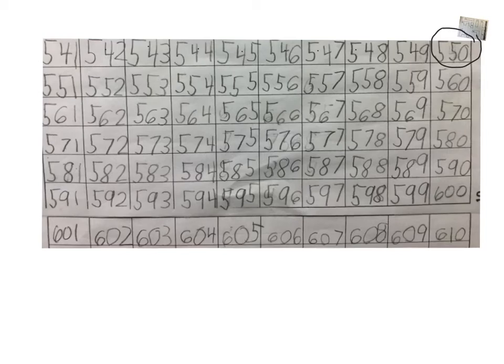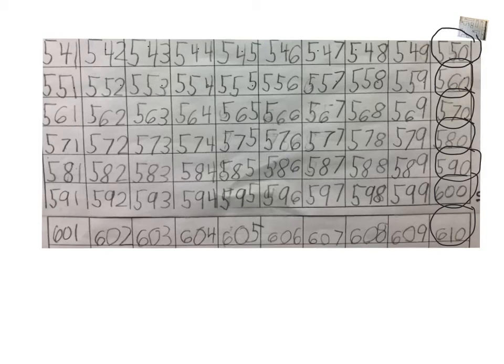Notice that if we go down, we're adding 10, adding 10, adding 10, adding 10, adding 10, adding 10. If we go to the right, we are just adding one more. 551, 552, 553, 554, 555, 556, 557, 558, 559, 560.